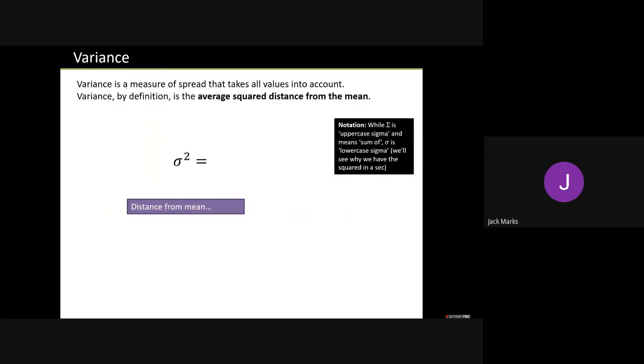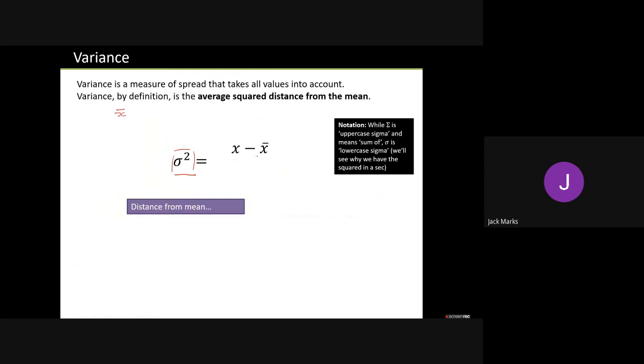So there's multiple different ways of writing what variance is. Here's one idea. So variance, and this is how variance is written. Okay, so sigma squared. Distance from the mean, let's think about what that is earlier. The mean, remember, is denoted by this. So distance from the mean looks like this.